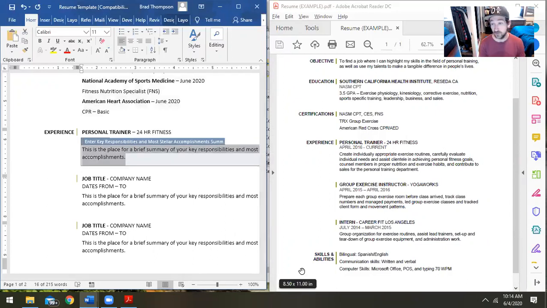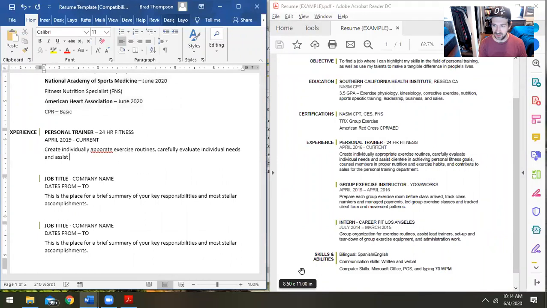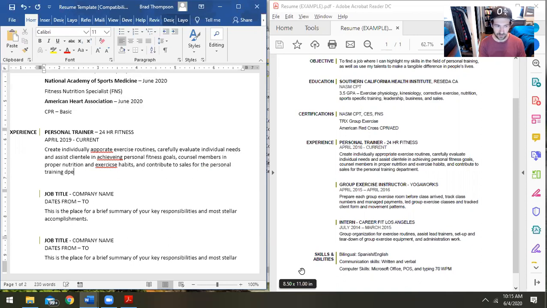So this person for the paragraph: create individually appropriate exercise routines, carefully evaluate individual needs, and assist clientele in achieving personal fitness goals, counsel members in proper nutrition and exercise habits, and contribute to sales for the personal training department.